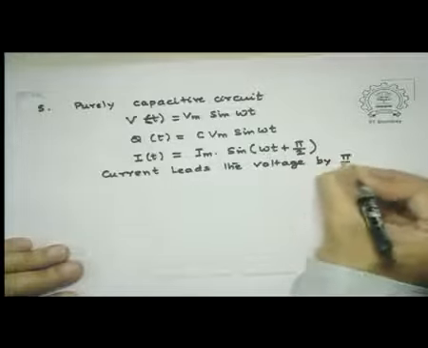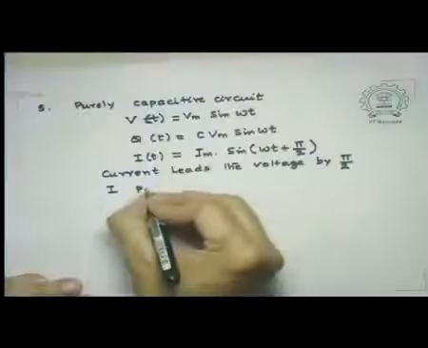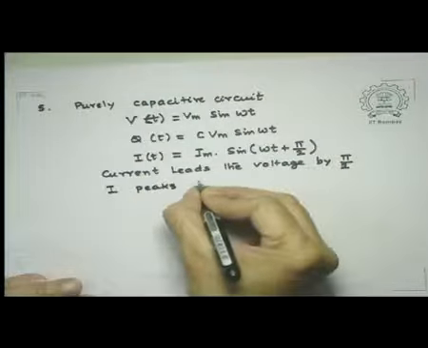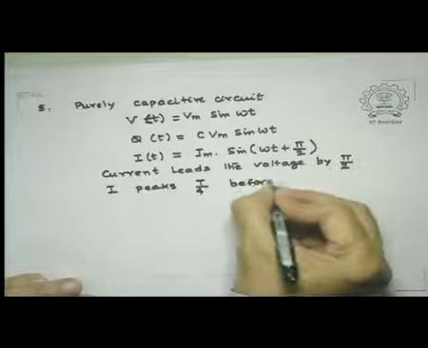What it means is that the current peaks a full quarter cycle before the voltage does. So, I peaks T by 4 before voltage does.